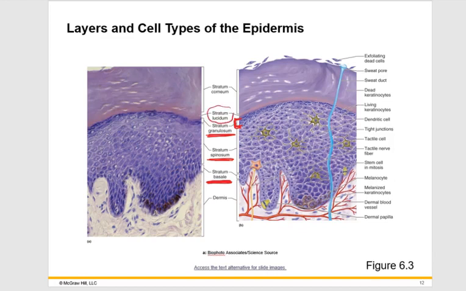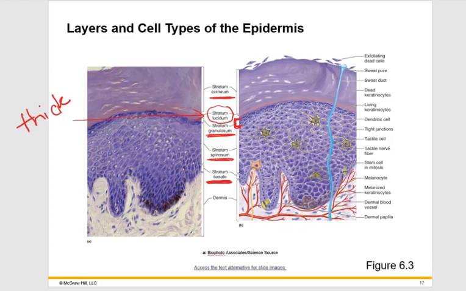If this is thick skin, we will see the stratum lucidum. This is that layer that is only present in thick skin. And then the outermost is the stratum corneum. The stratum corneum is composed of completely dead cells that are full of keratin.